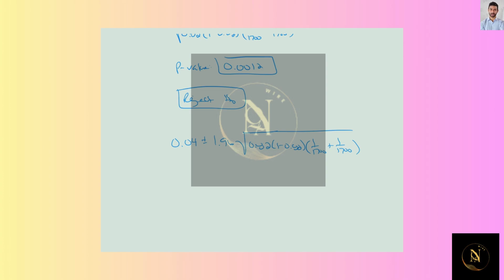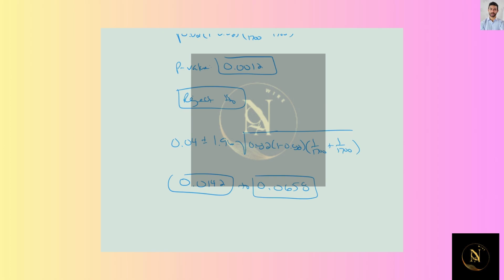The lower boundary would be from subtracting, and that would be 0.0142, to the upper boundary from adding, 0.0658.